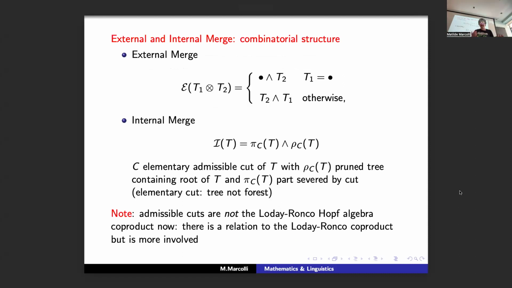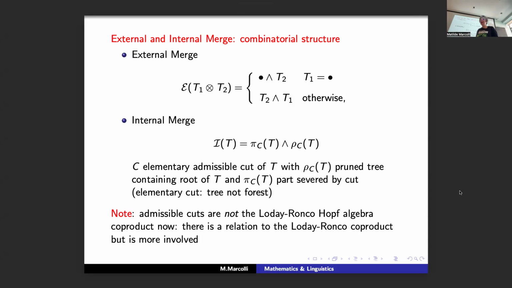And then, of course, internal and external merge are defined respectively in terms of this grafting operation and in terms of this admissible cut. In this case, you just use these elementary admissible cuts, so that everything is a tree, both the part that you are extracting and the part that remains, and not the higher ones.